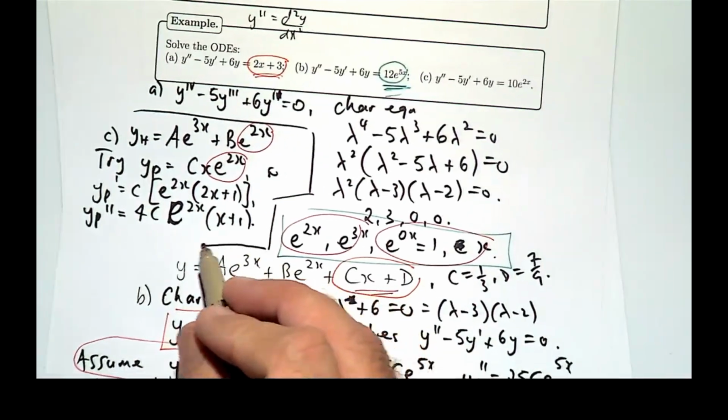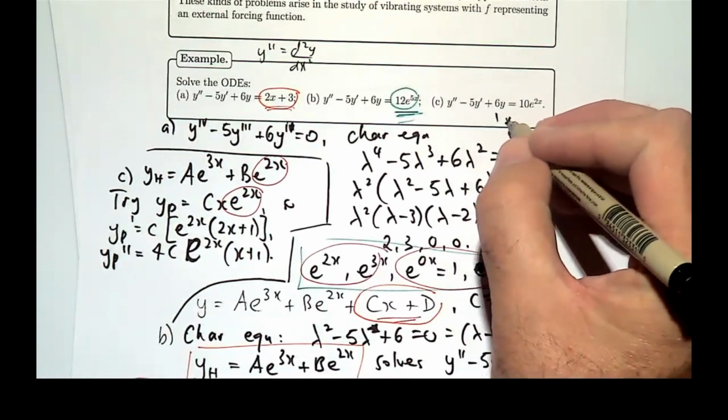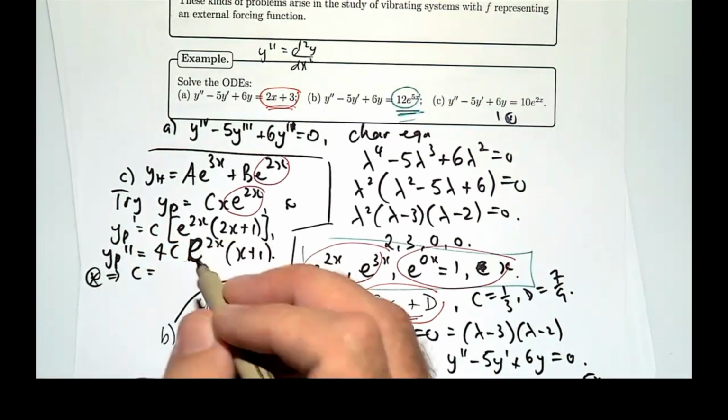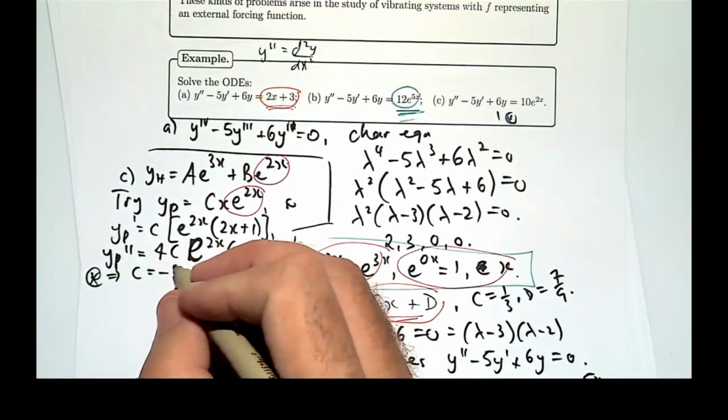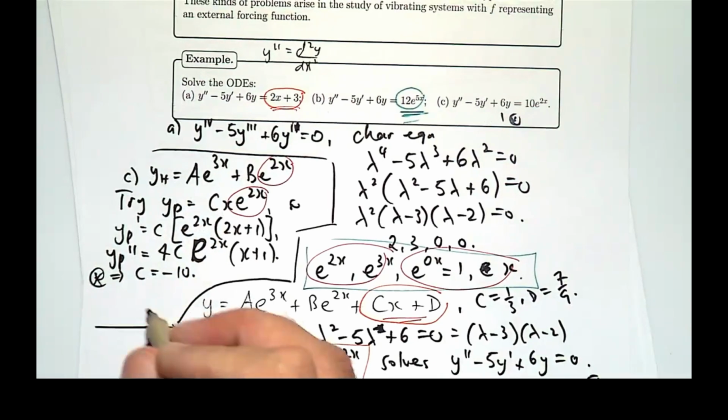Okay? And then you would take those, put them into your differential equation, and get C. I got negative 10. Okay? So add y sub h, y sub p with c equals negative 10, and you've got your solution.